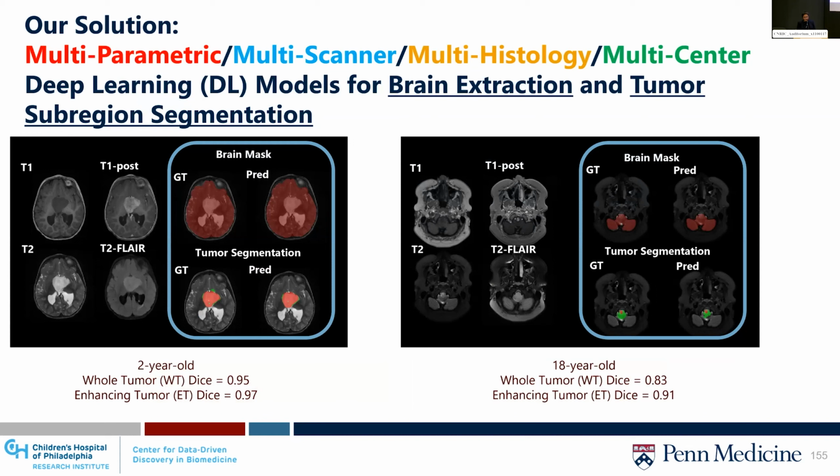Here I have showcased two examples of patients who are 2-year-old and 18-year-old, and you can see the prediction of our models for creating brain masks compared to the expert segmentation, and tumor segmentation based on our model compared to expert segmentation.